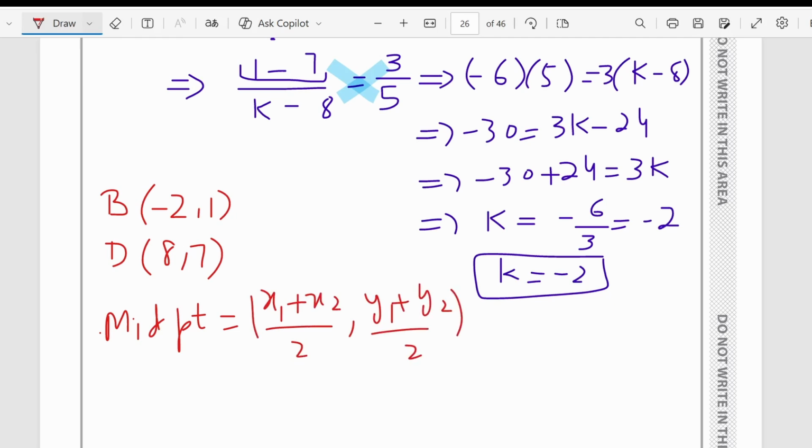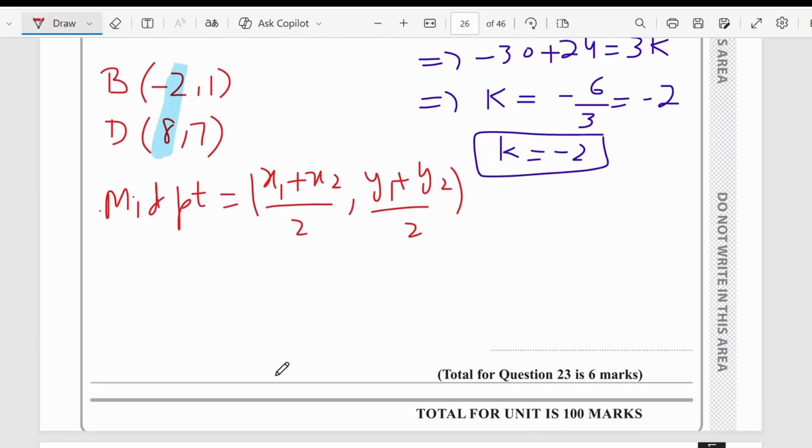These are the x values, so we add and divide by 2. We get minus 2 plus 8 over 2, and for the y values, 1 plus 7 divided by 2. So we have the midpoint, the final answer (3, 4).